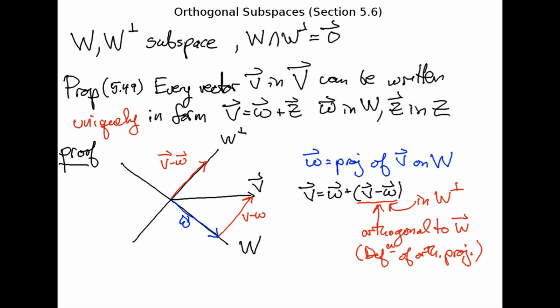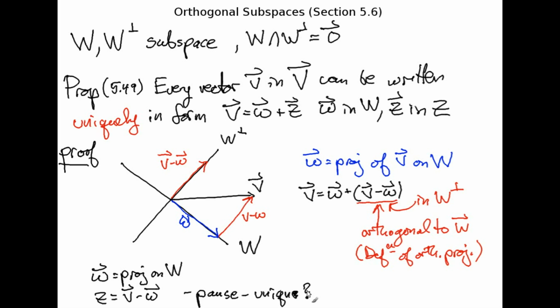So the answer is, given V, you take W to be the projection on W, and then you take Z to simply be V minus W. Why don't you pause for a minute here and think about uniqueness.